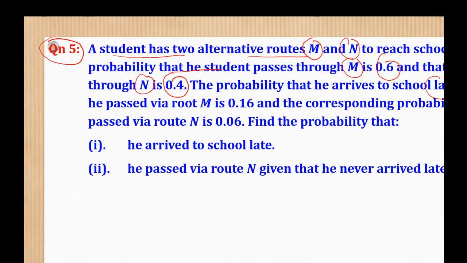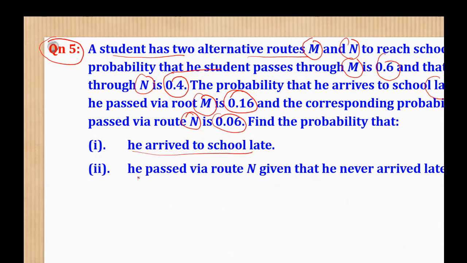The probability that he arrives at school late, given that he passed via route M, is 0.16, and the corresponding probability if he passed via route N is this. So the condition is still there.